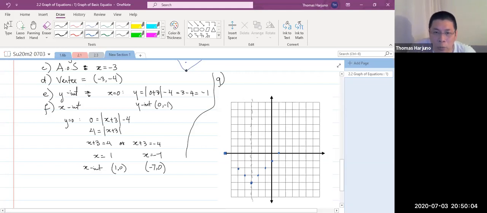Now, I'm supposed to use a ruler, but to save time, I just connect these points here. And I know the slope here should be 1, 45 degrees. So the graph on the right-hand side should look like this, and the graph on the left-hand side of that vertex should look like this.